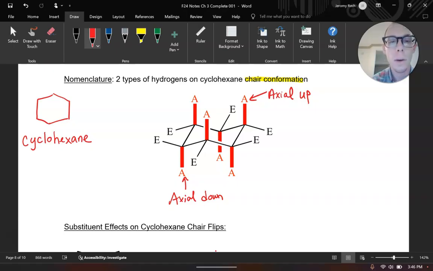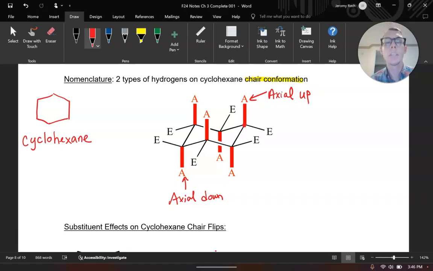So if I start at an arbitrary spot, maybe right here, for example, I have an axial up. If I go clockwise around this ring, axial down, axial up, axial down, axial up, axial down, back to my original axial up. So the very next carbon away from you is going to be the opposite direction.